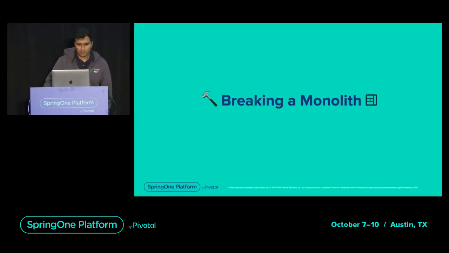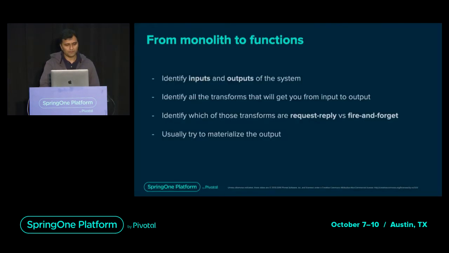And now let's talk briefly about some guidelines that you can use for building applications which are composed of functions. For any application, I guess the first point is straightforward. You identify what inputs you have and what are going to be the outputs for your application.